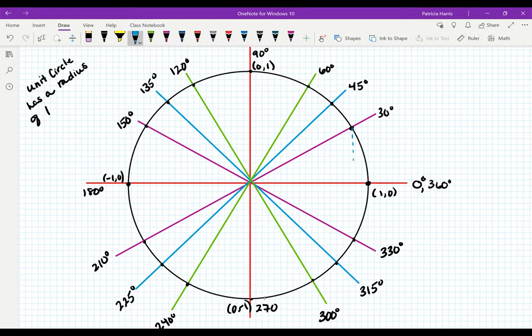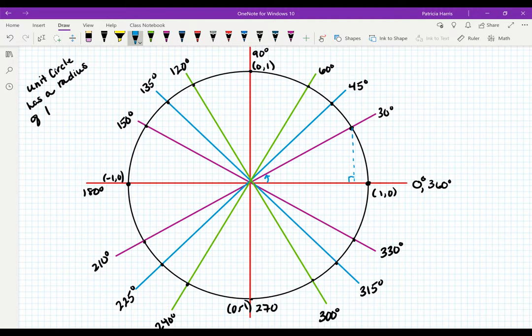We're going to drop this guy down. Okay. So this makes a 30, 60, 90 right triangle because this angle is 30. This angle is 90. So this angle must be 60.